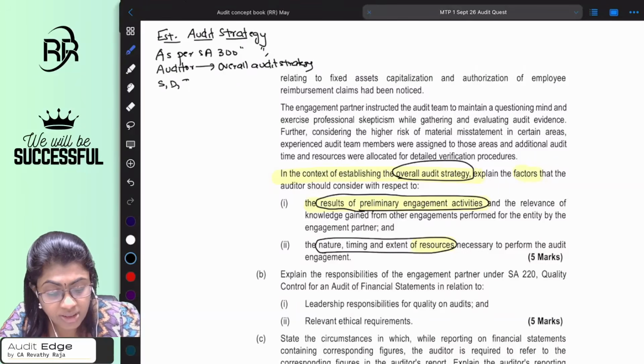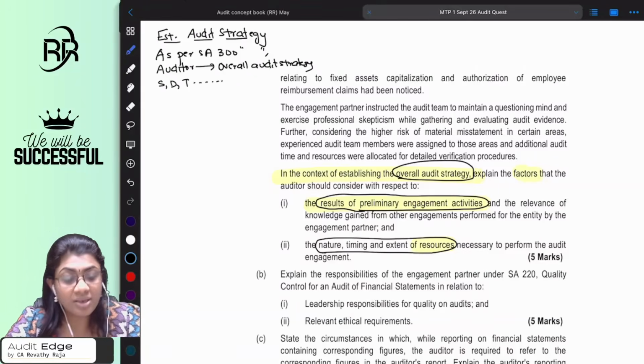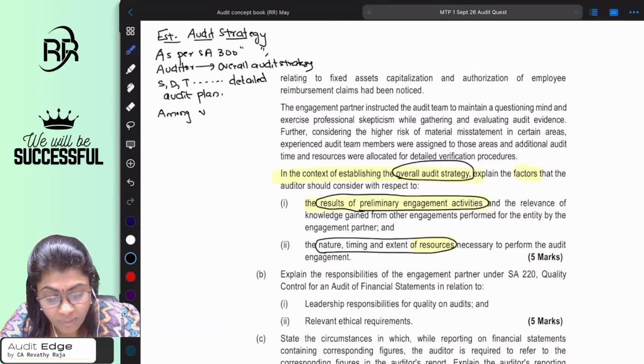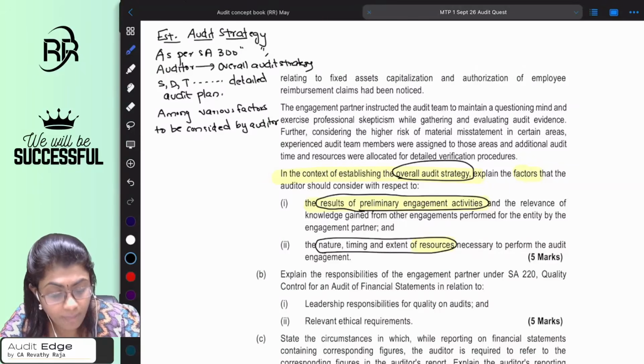Scope, direction, and timing of the audit, which helps in development of a detailed audit plan. Among various factors to be considered by the auditor in forming the audit strategy.